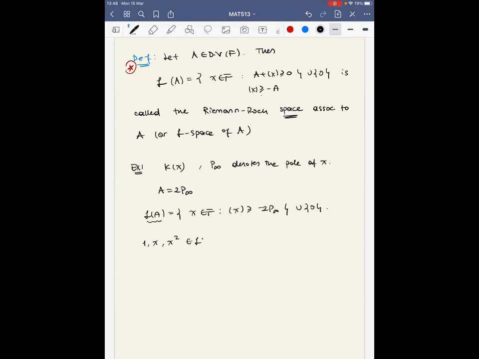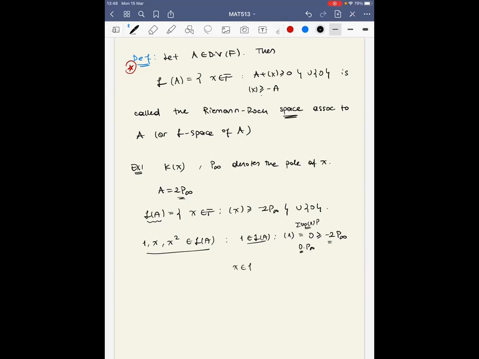For instance, we can see that the constant function 1, x, and x squared are elements of the L space of 2 P infinity, because the principal divisor of the constant 1 is 0, because the valuations of the constants are 0, and this is obviously bigger than minus 2 P infinity if you compare the coefficients of P infinity.